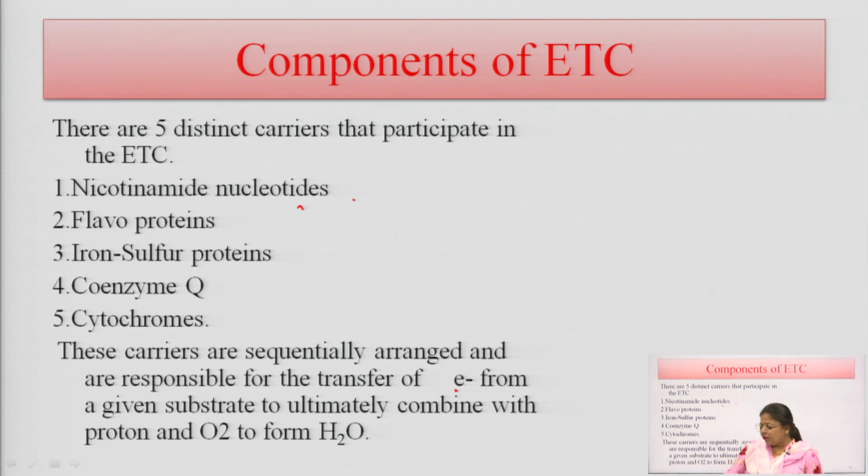So, these components are responsible for the synthesis of the water molecule, and they are also helpful for controlling or releasing the free electrons from the pathways to the electron transport chain.